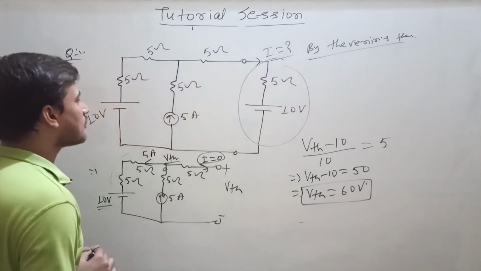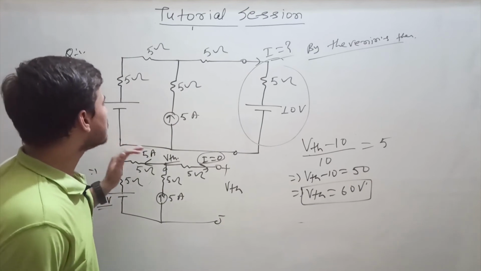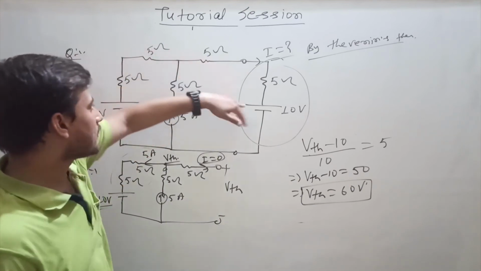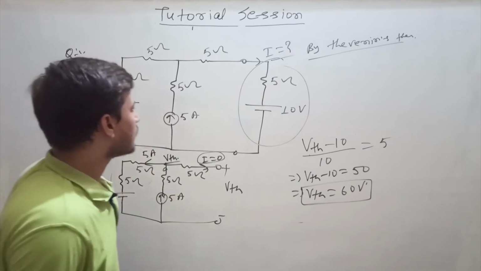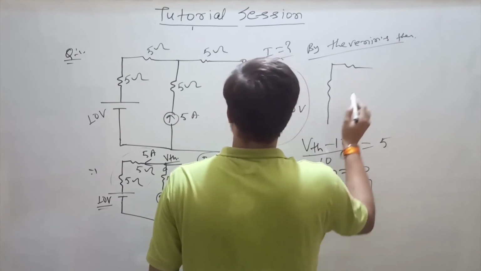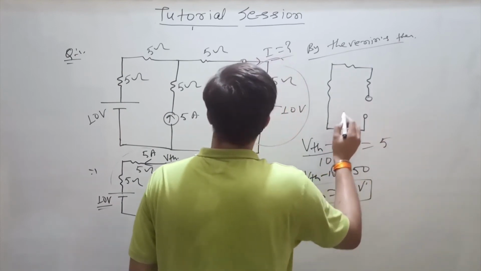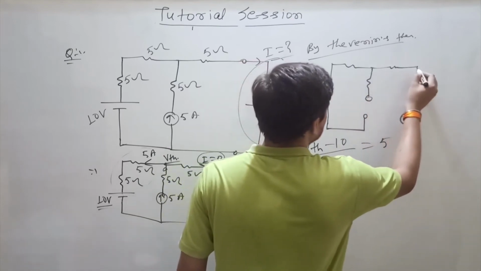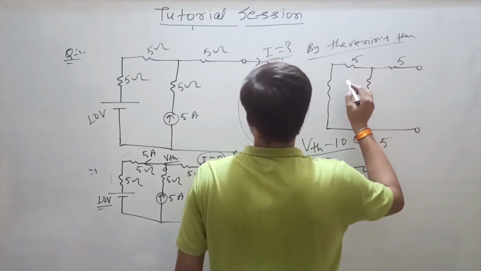Next you have to write RTH. To write RTH, what will you do? Again, you will open the load terminal and deactivate the independent sources. So once you deactivate the independent sources, the circuit will be like this one. This is 5, 5, 5.